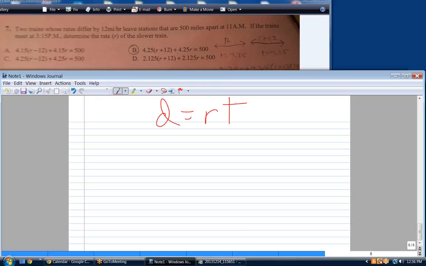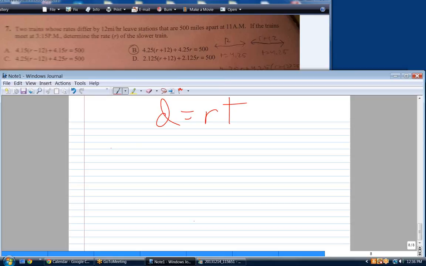There's your master equation. And that's what's going to determine all of these other equations. Two trains whose rates differ by 12 miles per hour, that means their velocities differ. And they're 500 miles apart. And if they meet, determine the rate of the slower train.